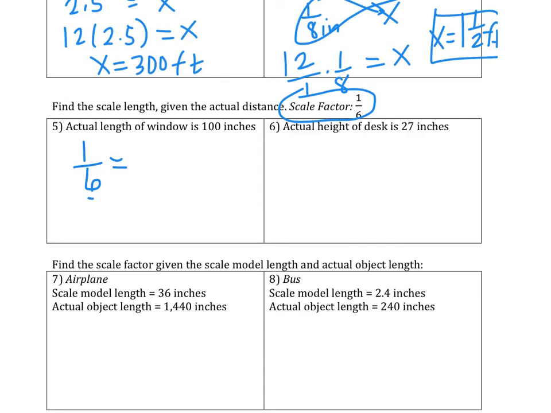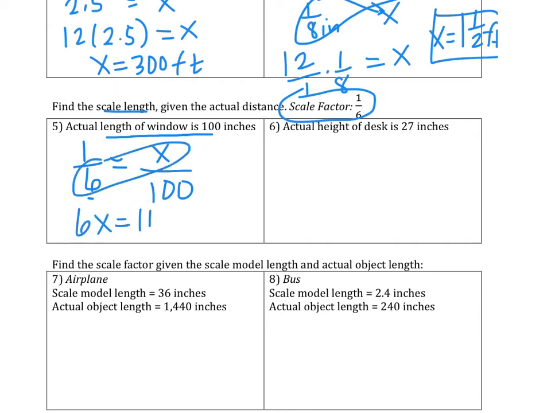And so we have the actual length of a window is 100 inches. So it's going to be over 100. And we are going to solve for the scale length, which is the smaller length. 6x equals 100. When we divide that out, we're going to get x equals 16.6 repeating inches.